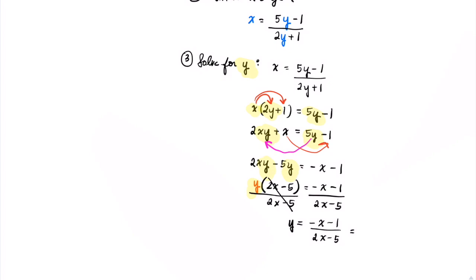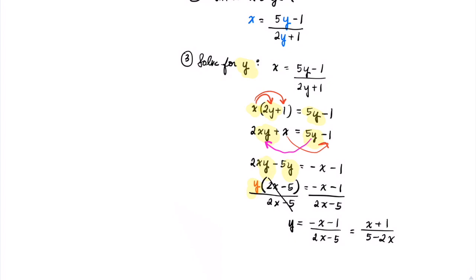You could get x plus 1 in the numerator and then move the negative down in the denominator to get 5 minus 2x. Sometimes they do this because they don't want leading terms to be negative and it just looks cleaner. However, I think the original of negative x minus 1 over 2x minus 5 is just fine.